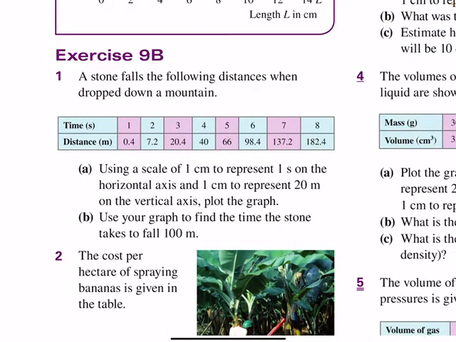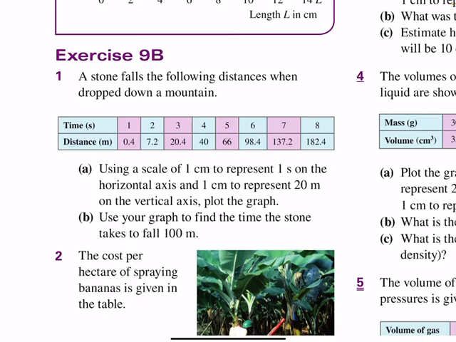So you have exactly 39 seconds to make 9B, 1, 2, A, B, and then to look at it. Using a scale of 1 to 1. So D, time, 1, 2, 3, 4, 5, 8.